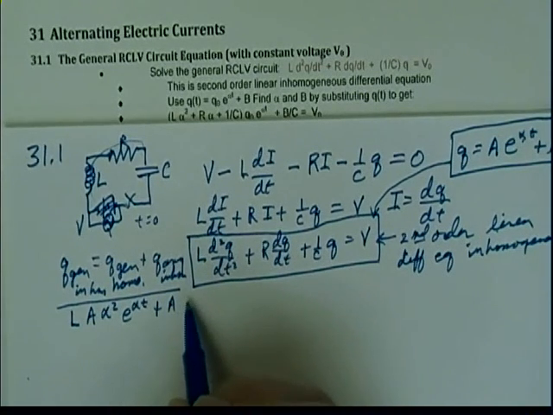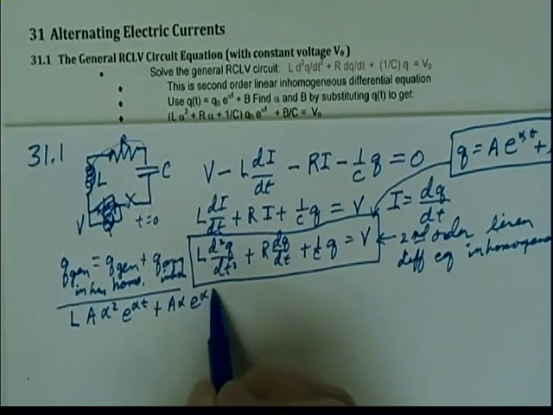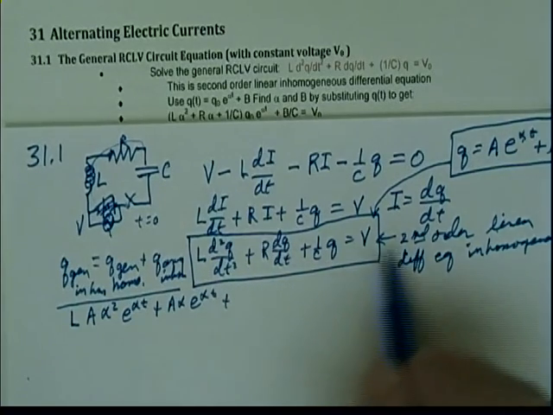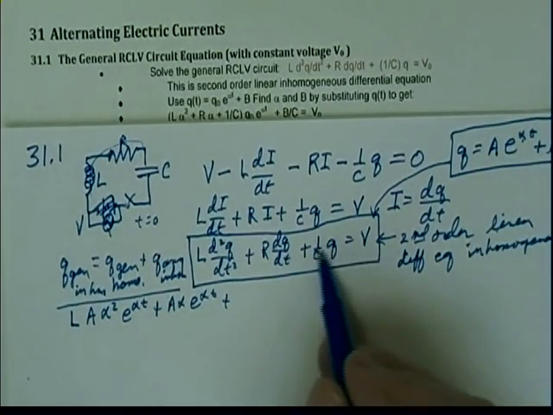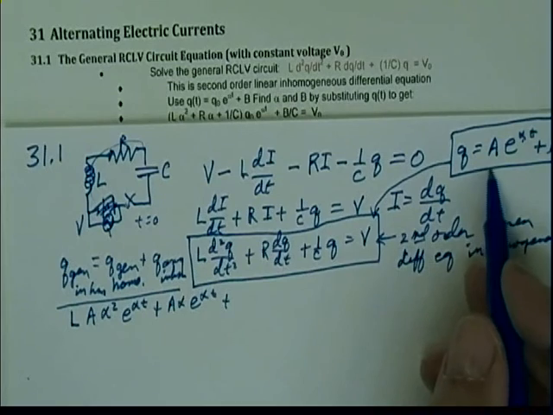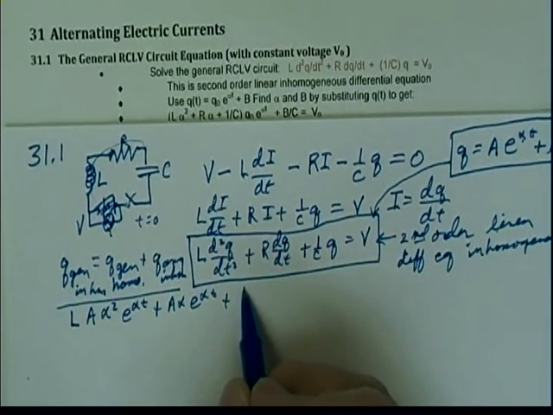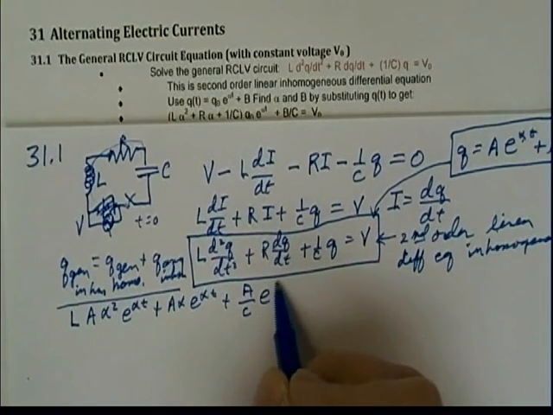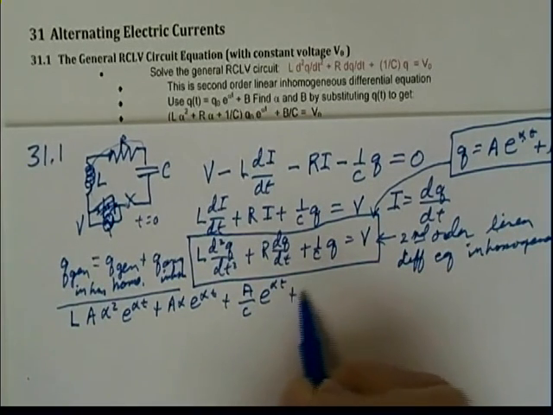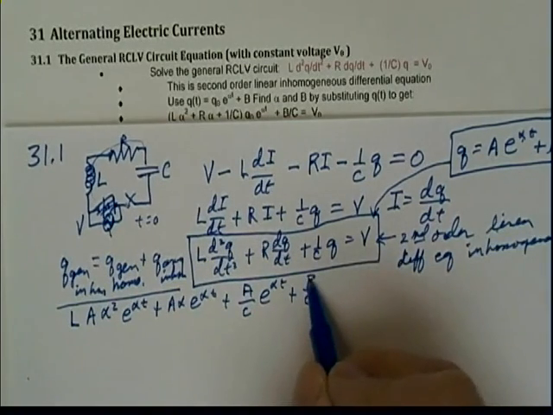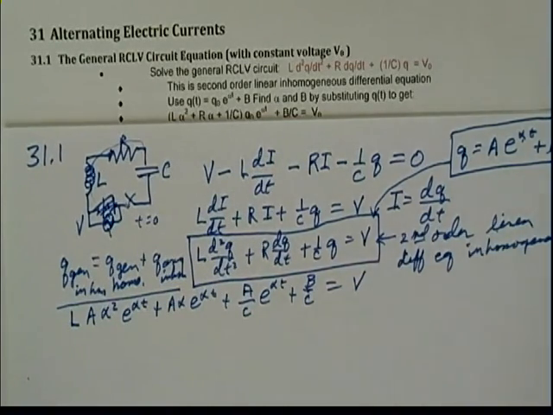So we say plus R times A alpha e to the alpha t, plus, now here we have both terms multiplied by 1 over C, so we have A over C e to the alpha t plus 1 over C times B, and that's equal to the voltage.